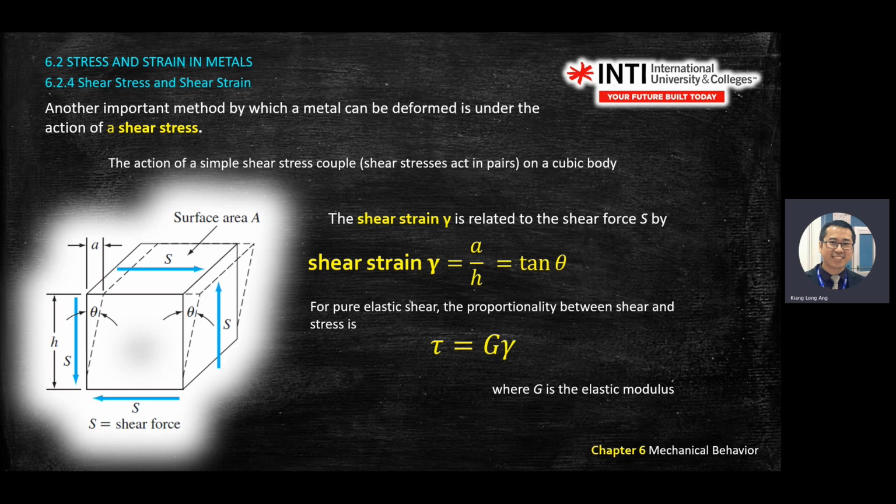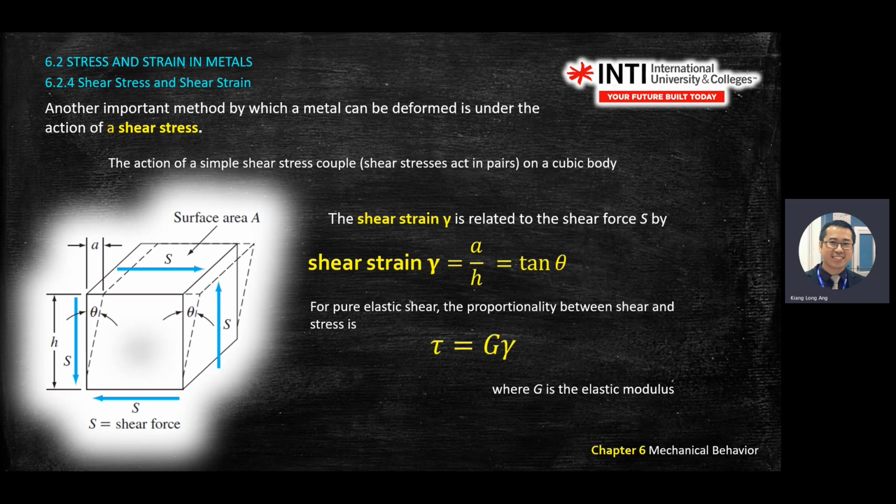Okay, so just now you had stress over strain, which is a normal component. But if there's a shear, then we use another symbol, tau, which is also stress, but in the shear direction. This gives you the shear modulus.